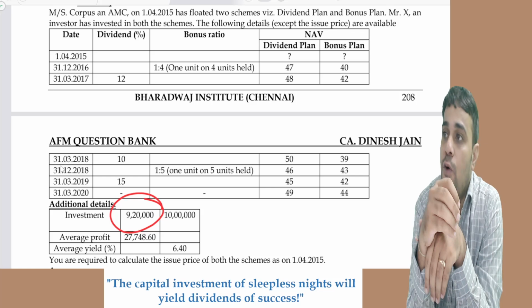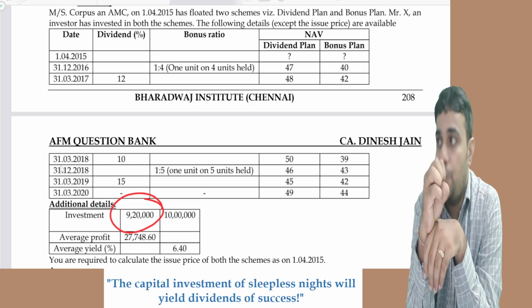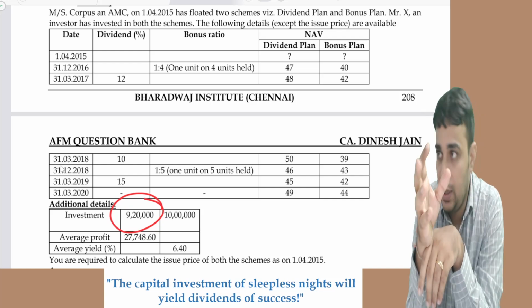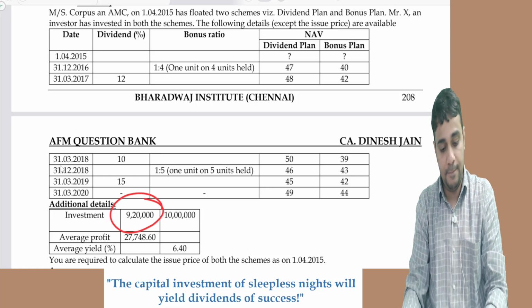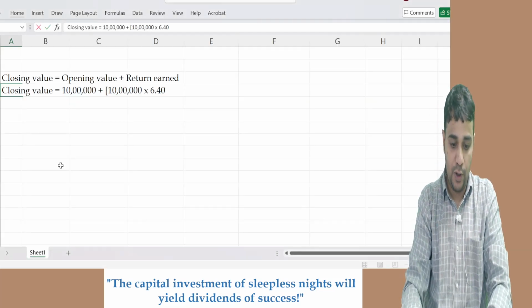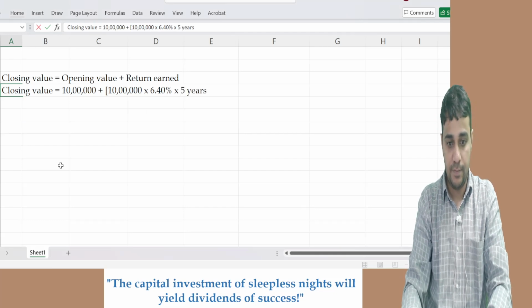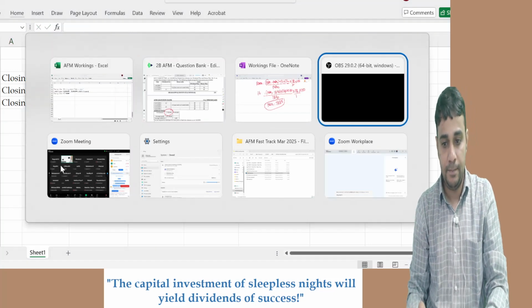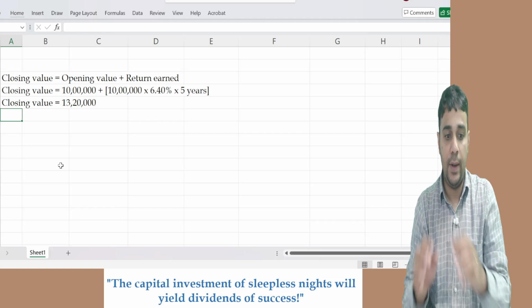So 6.4 percent into 5 years, 32% into 10 lakh. Closing value is 1320.